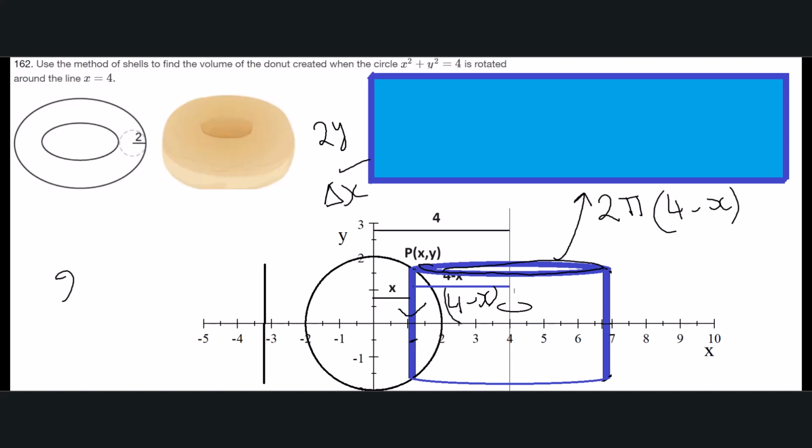So this slice will have a volume of 2 pi (4 minus x), the length, times this width, 2y, times the thickness, and we are going from -2 to 2. So what we will do is just integrate from -2 to 2.